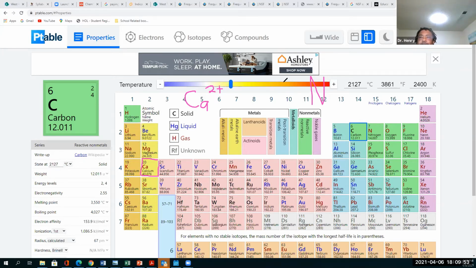What about the nitrogen? -3. So when I put these together, how many of these do I need to balance? 3 calciums and 2 nitrogens. So it'll be Ca3, and then you said 2 nitrogens, right?